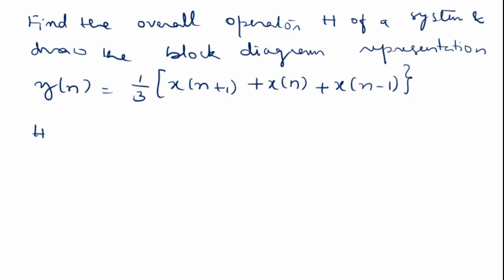Then h is equal to 1 by 3 into s inverse plus 1 plus s. I can draw the system in parallel and cascade connection. So this is x of n.